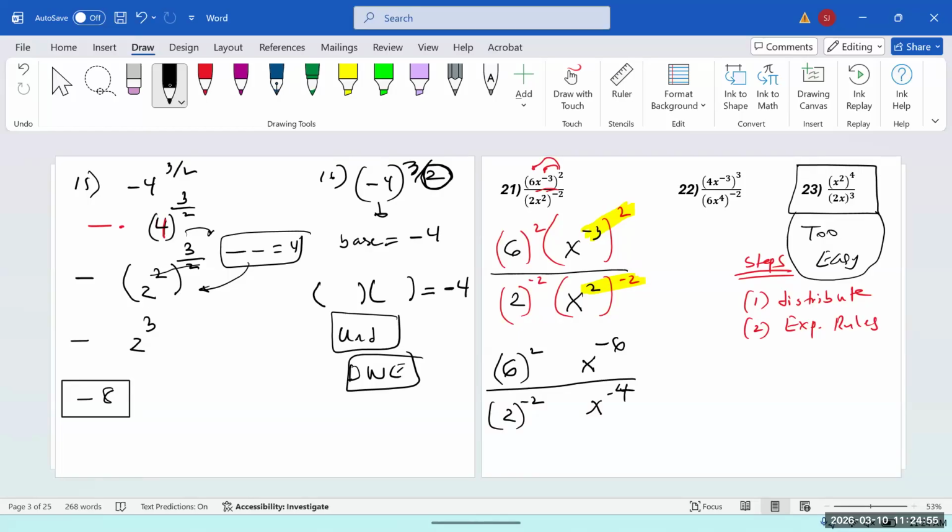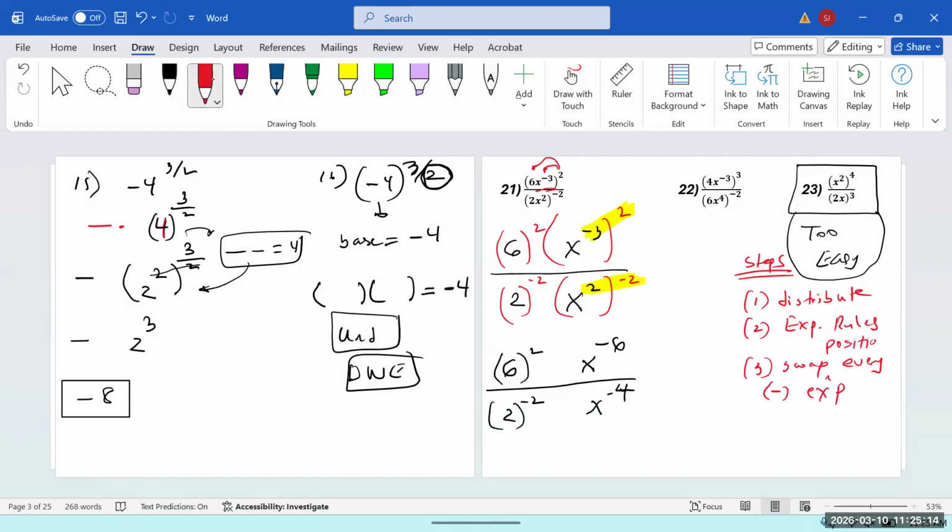So after distributing, we applied the exponent rules and now switch position. Swap every negative exponent. Swap position, I should say.